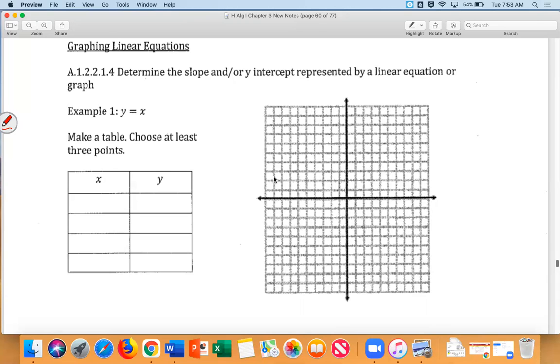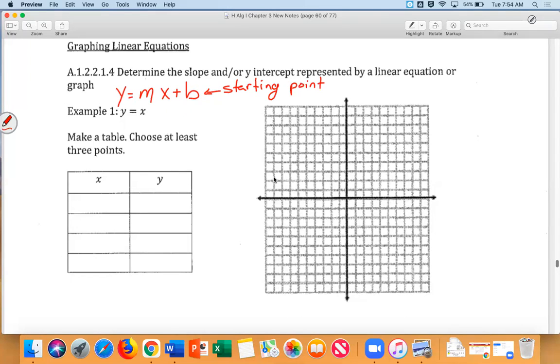Notice the y is by itself, so this is in the format y equals mx plus b. Now, why am I telling you this? If I can figure out what b is, that's my starting point. b is my starting point. So this number out here is my starting point, and that's going to tell me where to put the first point on my graph.